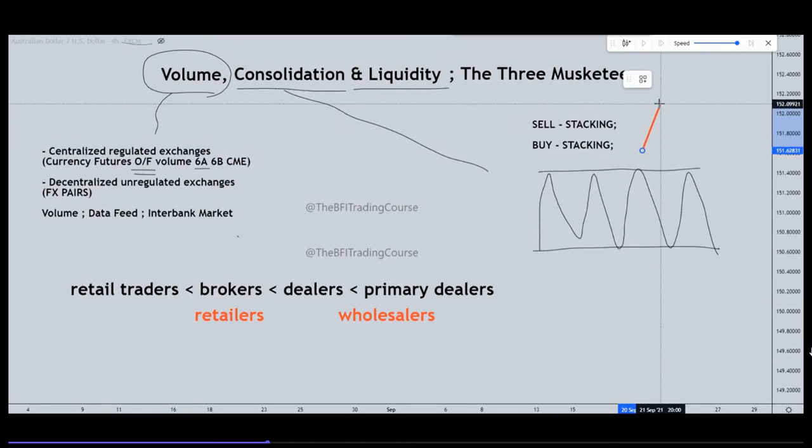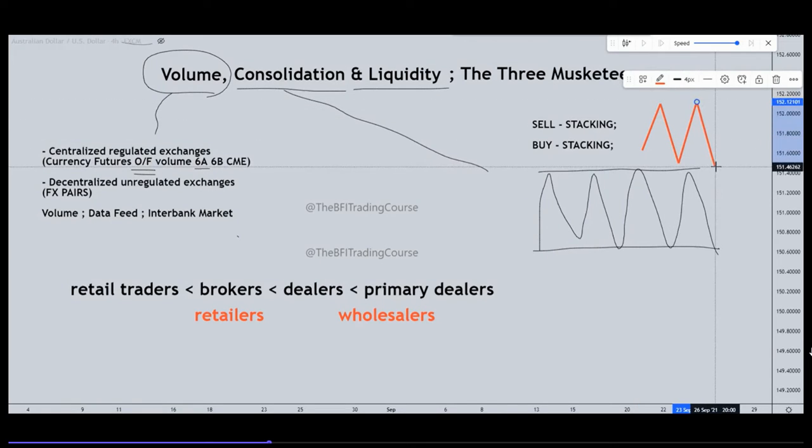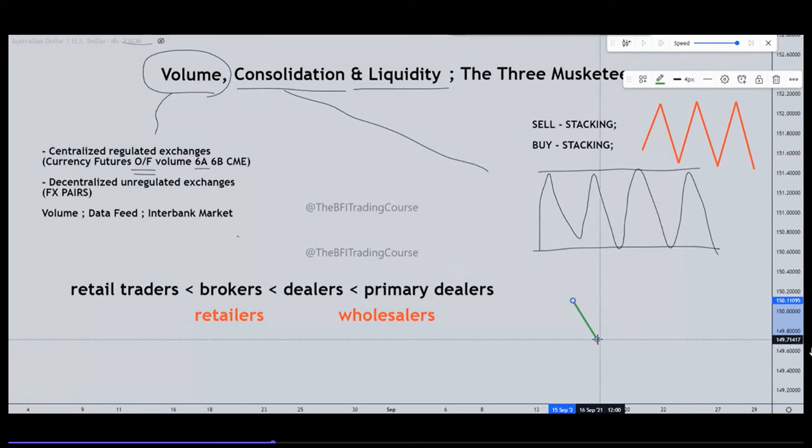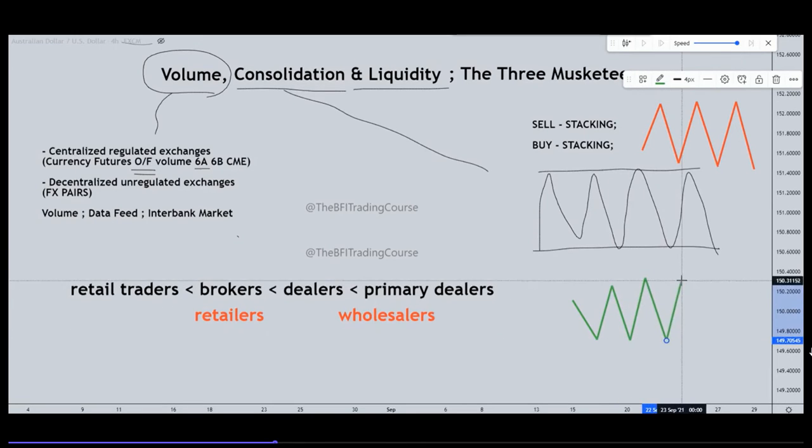You have a rally sold off, another rally sold off completely, another rally sold off completely. Likely sell stacking. How about buy stacking? A down move completely bought up, maybe another down move bought up again, another down move bought up again. Maybe this is some sort of buy stacking.